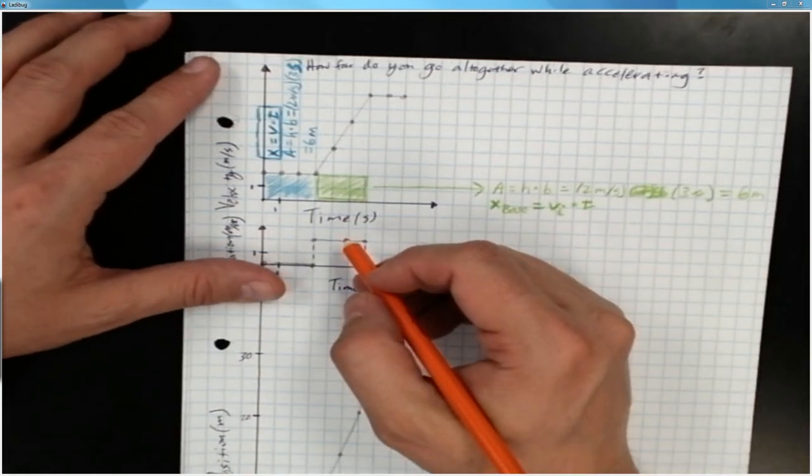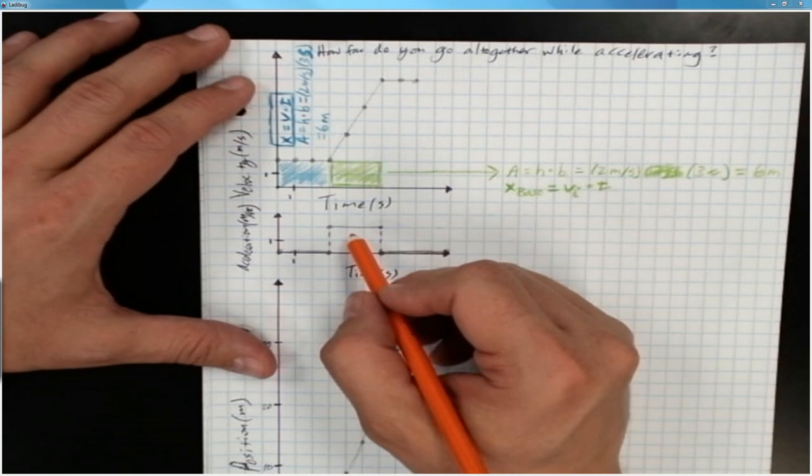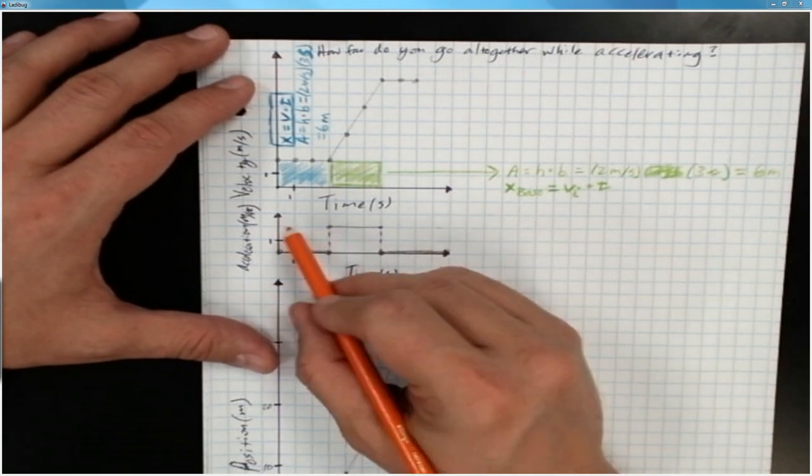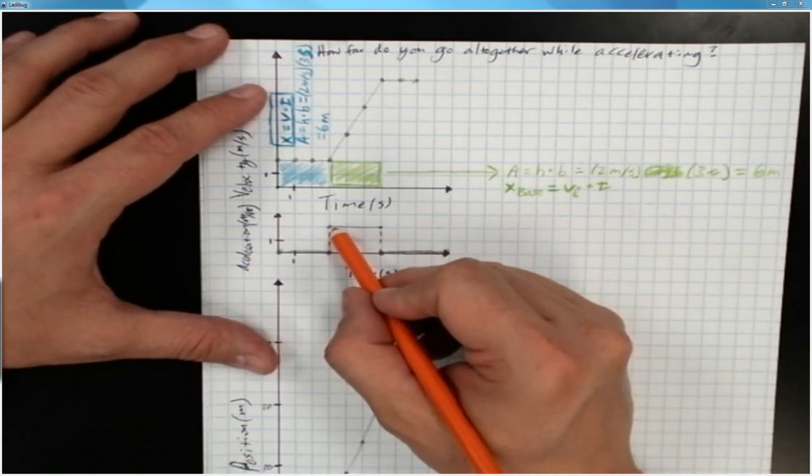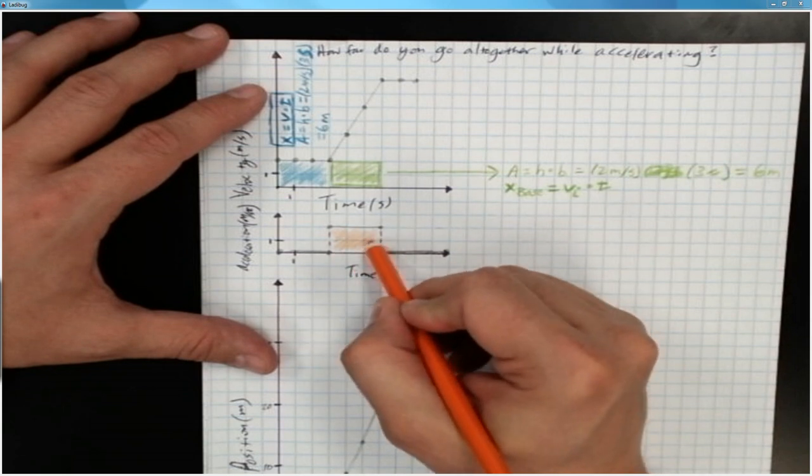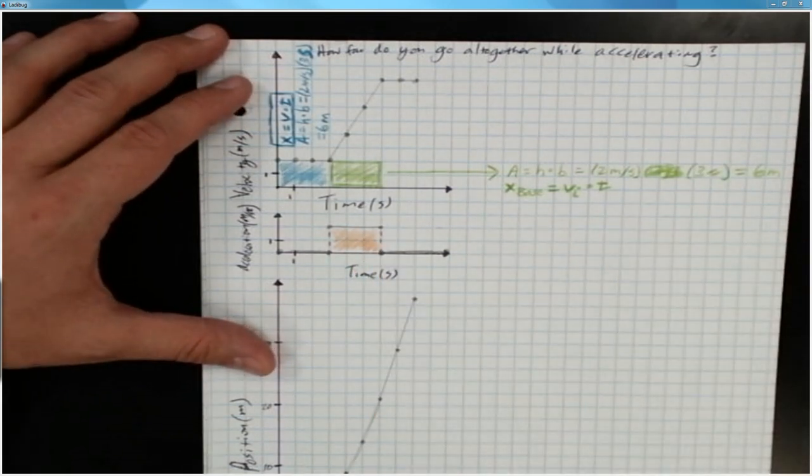Well, I have a trick for you, teenagers. Some other bright person came up with an idea I'm going to share with you. Let's skip down to our acceleration versus time graph and look at the area under the acceleration versus time curve.